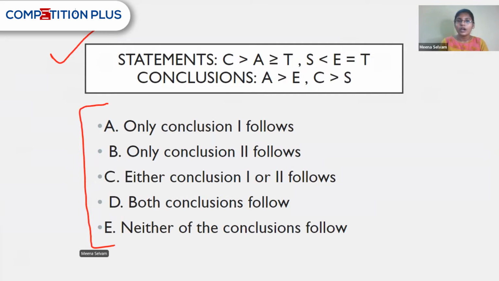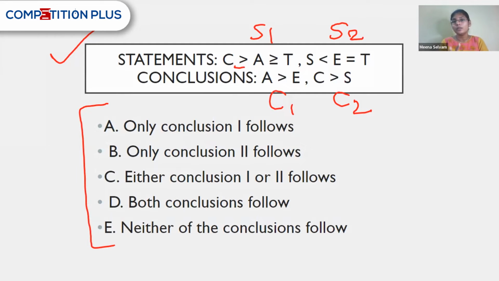Okay, so in your question, you will have two statements, statement 1 and statement 2, and conclusions also, maybe 1 or 2 conclusions. This is how the question format will be. What does our work here mean? You could see the symbols like less than, greater than, equal to, greater than or equal to.